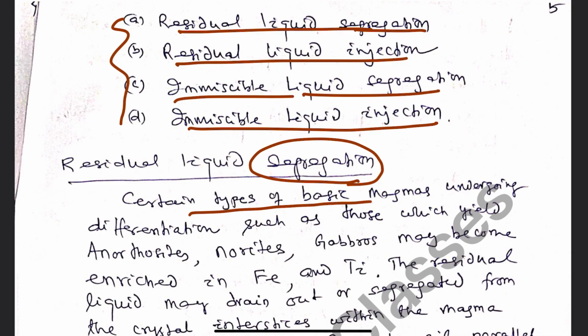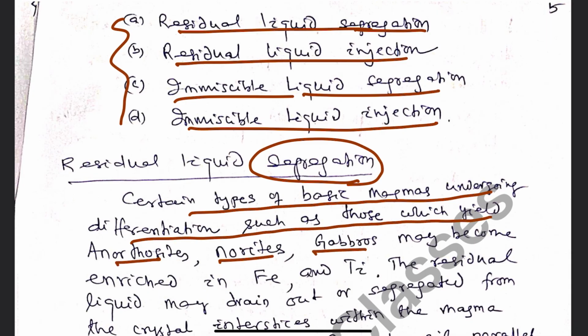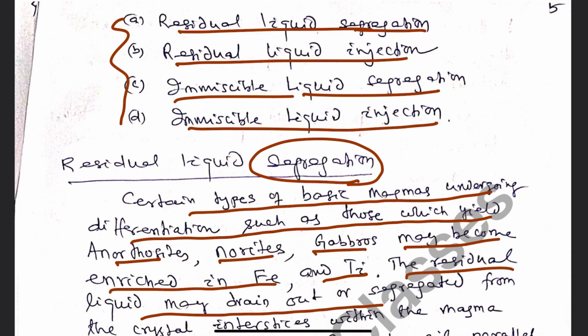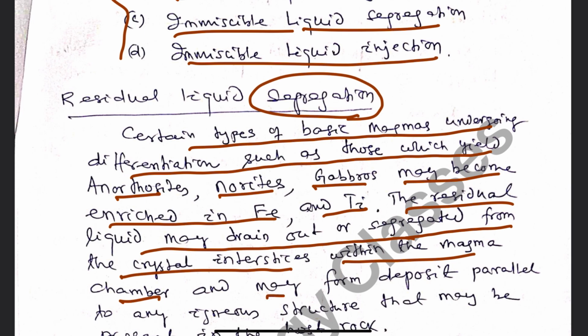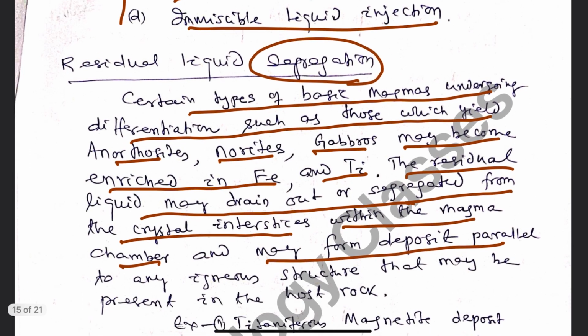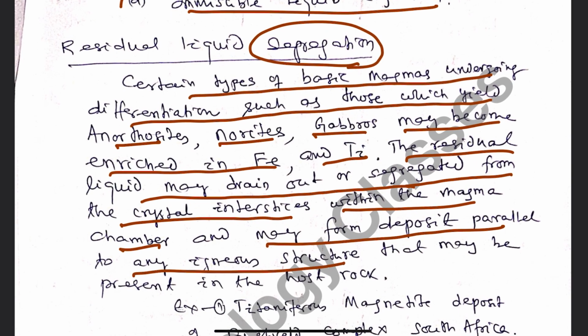So certain types of basic magmas undergoing differentiation, such as those which yield anorthosites, norites, gabbros, may become enriched in iron and titanium towards the late phase. The residual liquid may drain out or get segregated from the crystalline interstices within the magmatic chamber and may form deposit parallel to any igneous structure that may be present in the host rock.